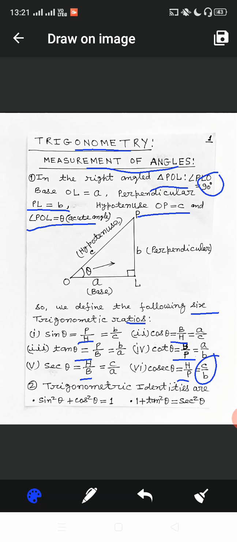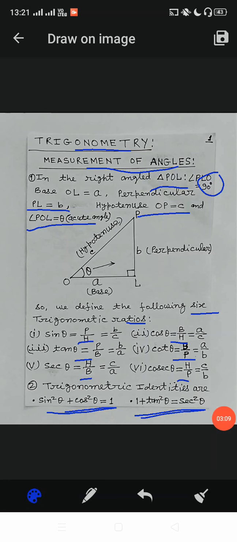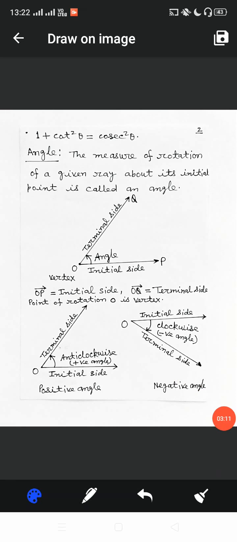Dear students, we have also studied the trigonometric identities, that is sin square theta plus cos square theta is equal to 1, 1 plus tan square theta is equal to sec square theta, 1 plus cot square theta is equal to cosec square theta, etc. And we have also studied application of trigonometric ratios in solving the problems related to heights and distances.